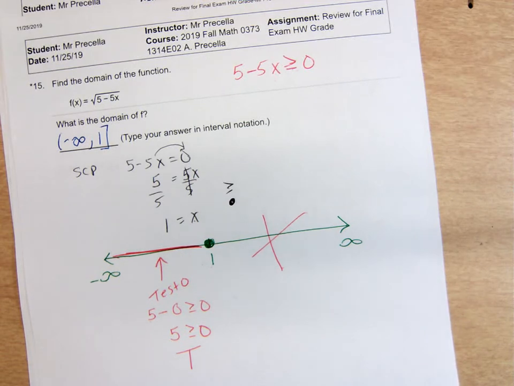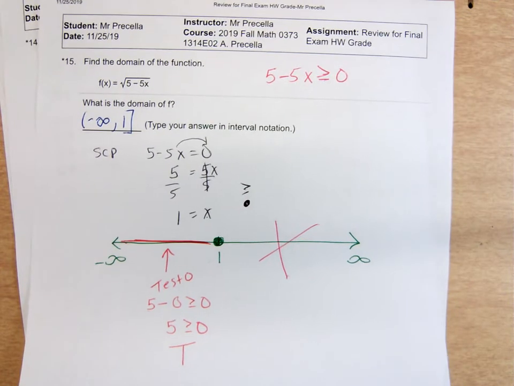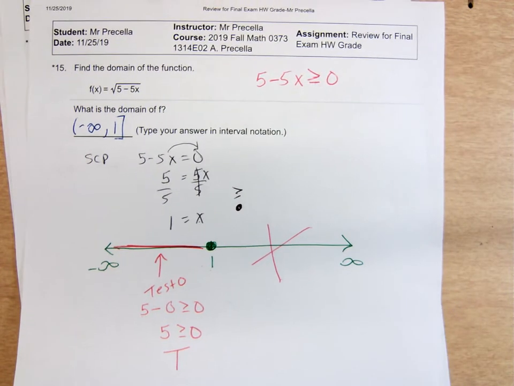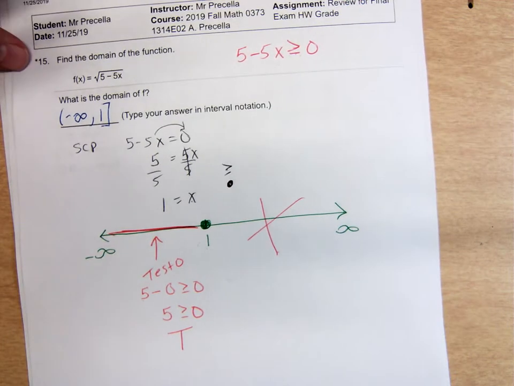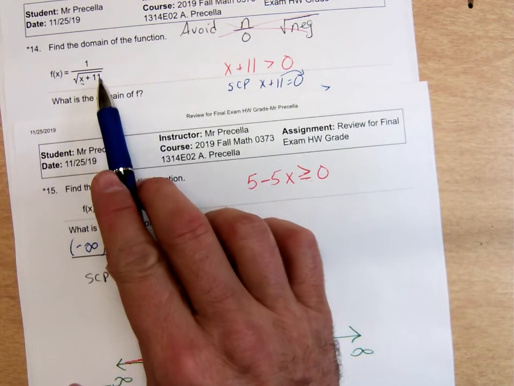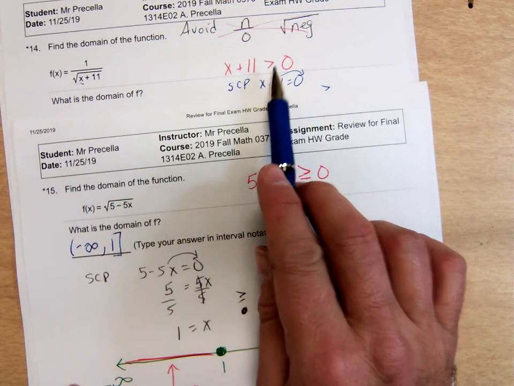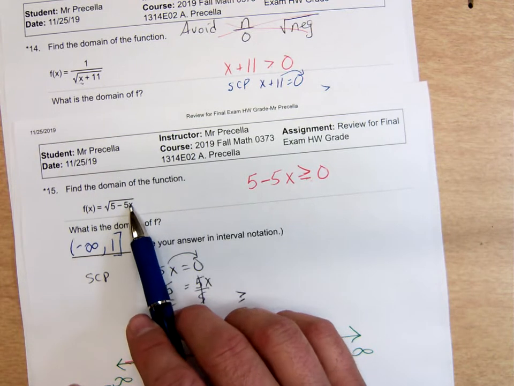Any questions? So, if there's a fraction, that's when you're solving the inequality with just a greater than 0. If there isn't, you're solving it with greater than or equal.